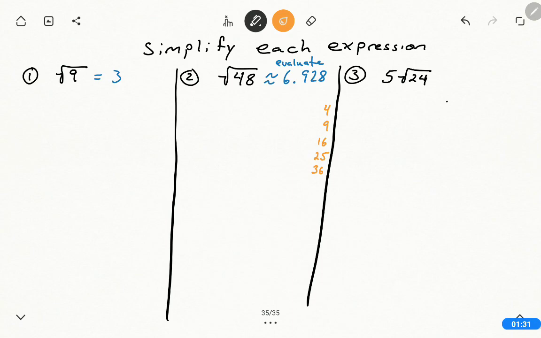And there's no point in checking any higher ones. I think the biggest one that goes into it may very well be 16. If I remember right, it's 16 times 3. So we'll rewrite the square root of 48 as 16, the perfect square I'm choosing, times 3.